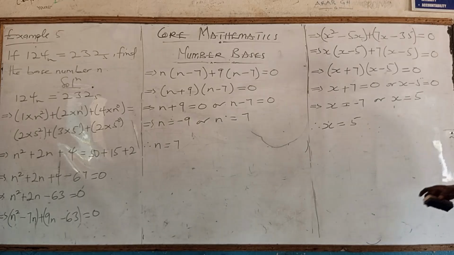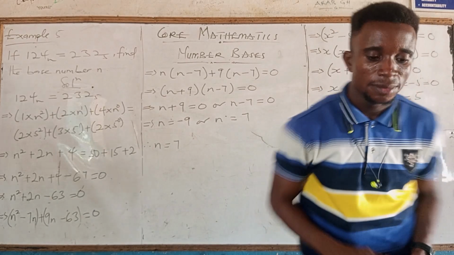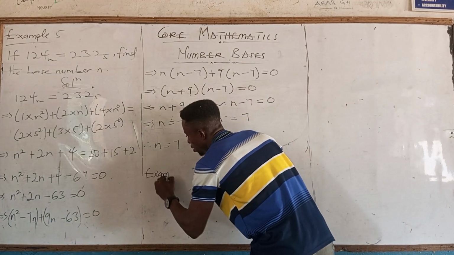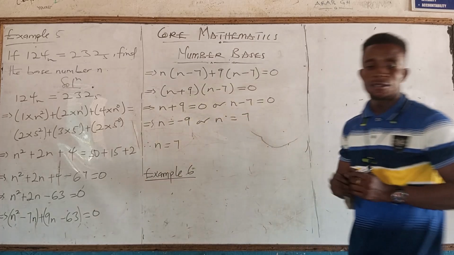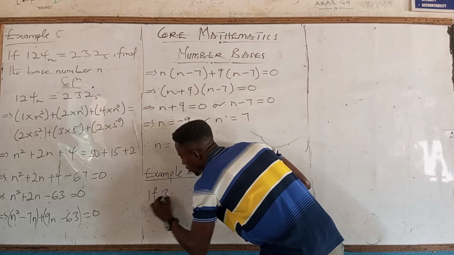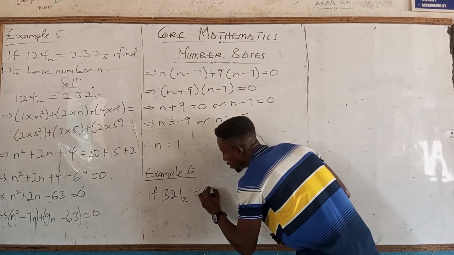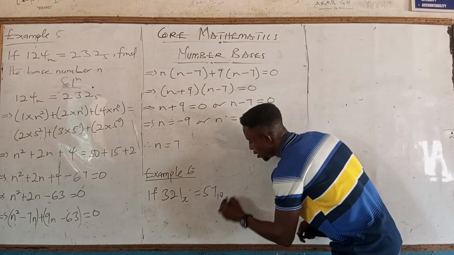Let's now move on to the next example. That is example number 6. So let me write it here. Example 6. If 321 base x is equal to 57, I said 57 base 10 because we are in base 10.